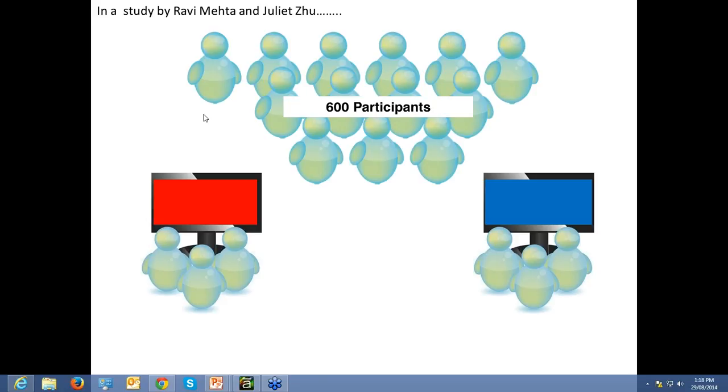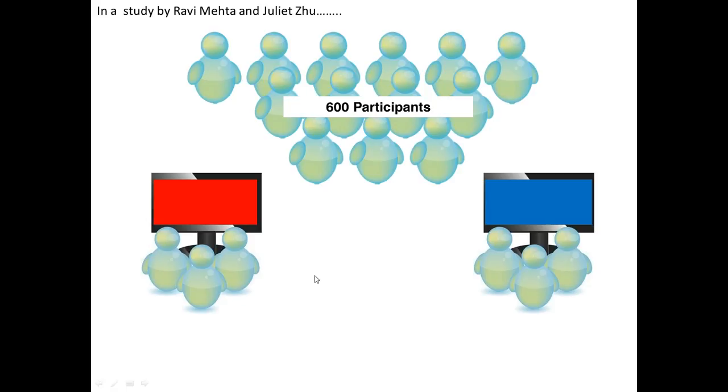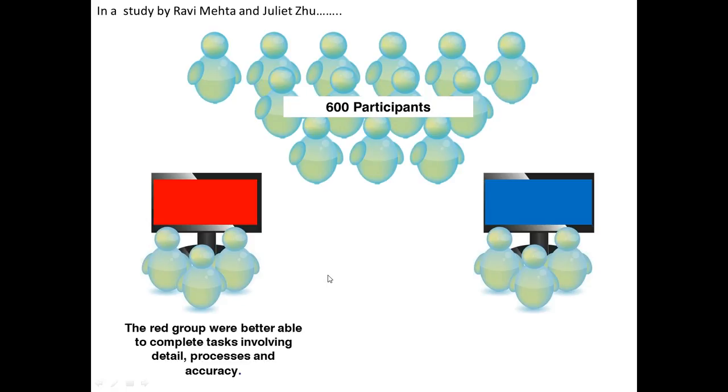This was done over a period of time, and they had to do different activities and read different types of information. What they found was that the people in the red group were better able to complete tasks involving detail, processes, and accuracy, whereas people in the blue group fared better with creative, imaginative, and inventive tasks.